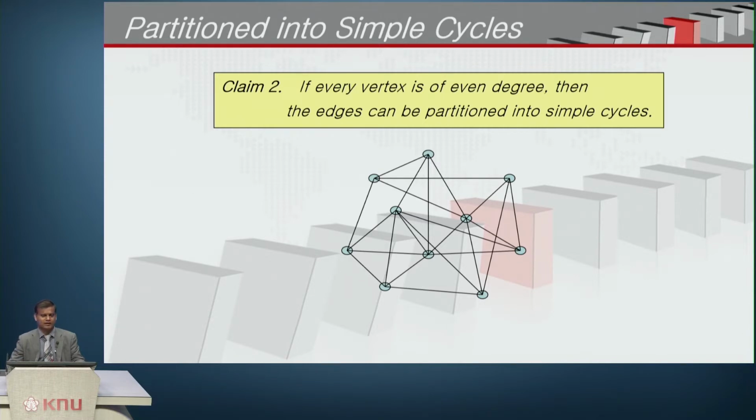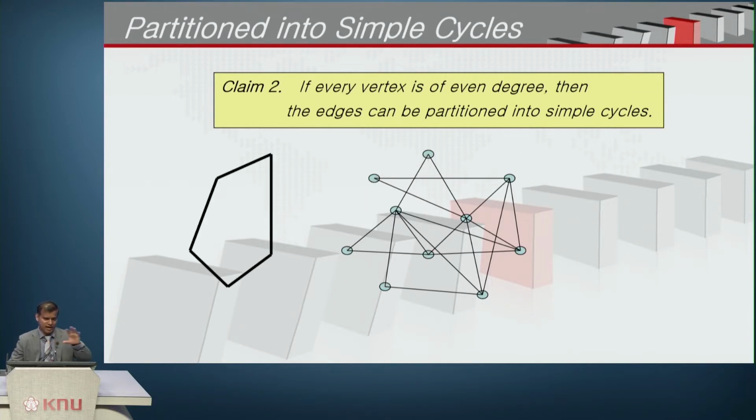Let's take one at a time. How about this one? Did you see that these 5 vertices are connected and a simple cycle is preserved there? Yes, you can in fact partition this simple cycle from this graph. Take it out.